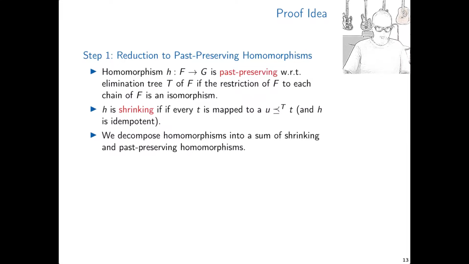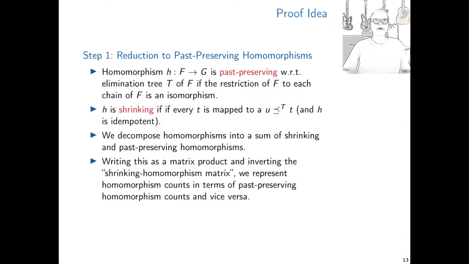Okay, and now what we do is we decompose homomorphisms into a sum of shrinking and path-preserving homomorphisms. And then we can apply linear algebra. Basically, we can write the homomorphism numbers now in terms of a matrix product, and then we can invert one of the matrices, the matrices corresponding to the shrinking homomorphisms, and this way we can express homomorphism counts for arbitrary homomorphisms in terms of path-preserving homomorphisms and the other way around.